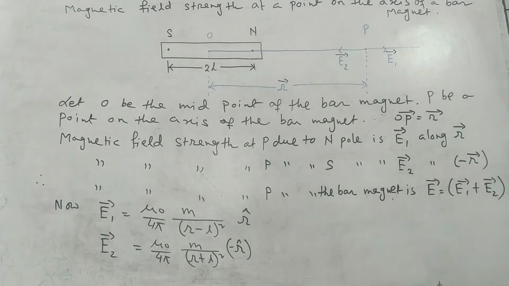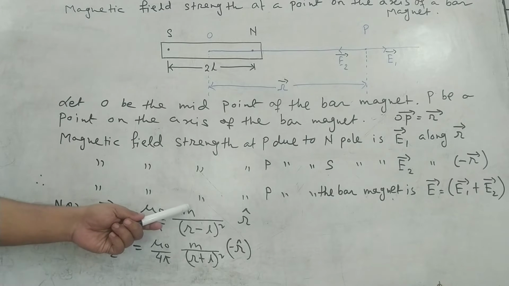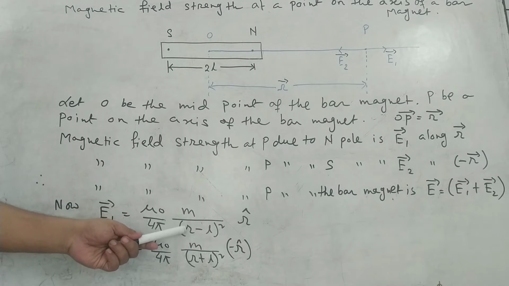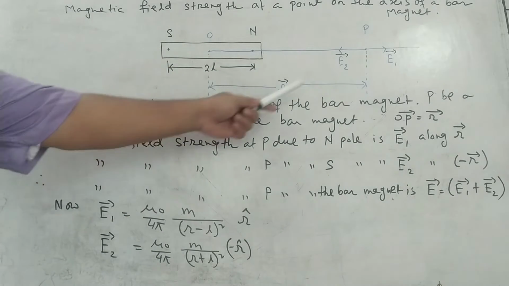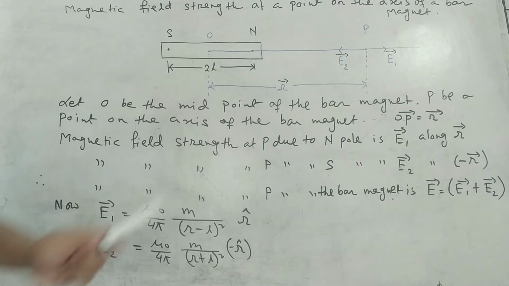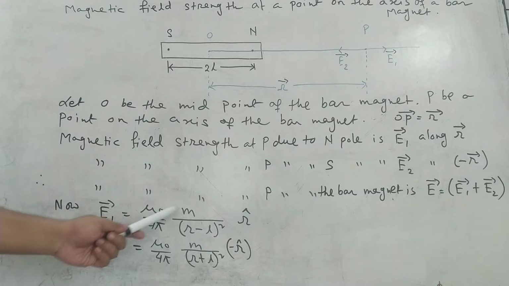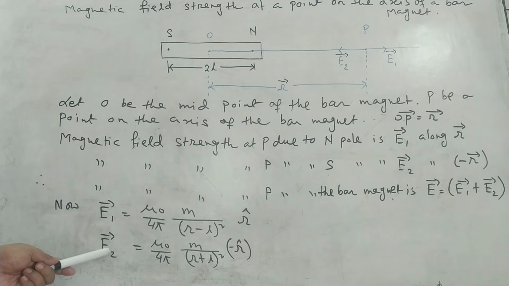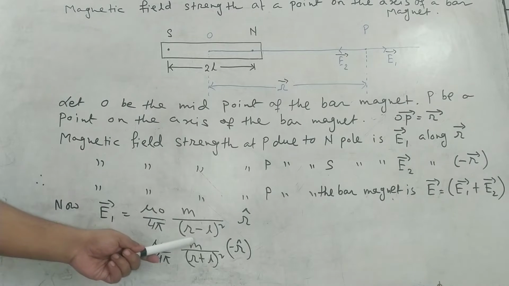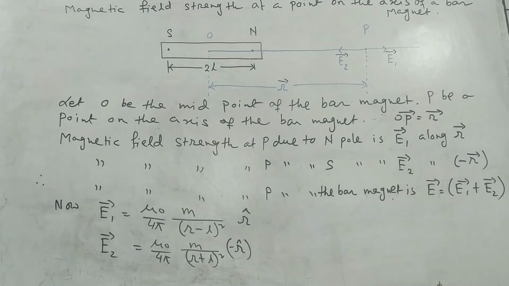Now you know that E1 vector is equal to mu 0 by 4 pi, magnetic pole strength m divided by distance square, that is OP square. OP means R minus L. That is, E1 vector is equal to mu 0 by 4 pi, m by (R minus L) whole square, R cap, and E2 vector is equal to mu 0 by 4 pi, m by (R plus L) whole square, minus R cap.